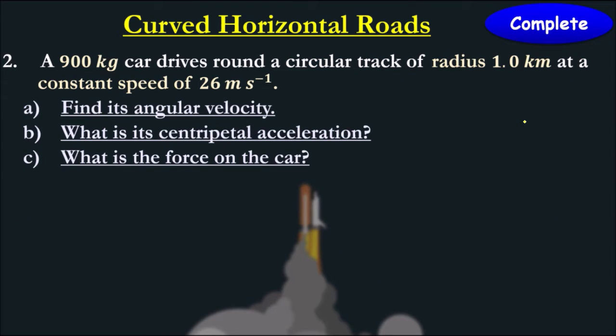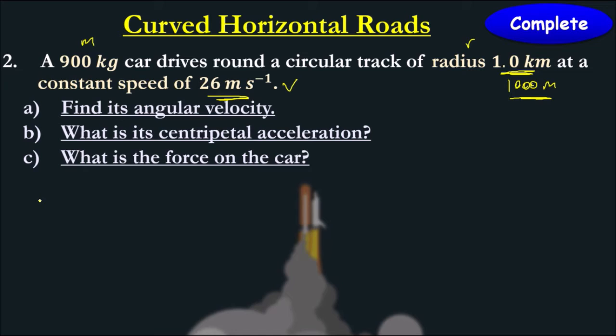Again, a curved horizontal road question. Let's see what we have here. We have a mass, we have a radius. Remember, this is in kilometers, so for our own sake, let's convert that into SI units first. Constant linear speed, so that's v.